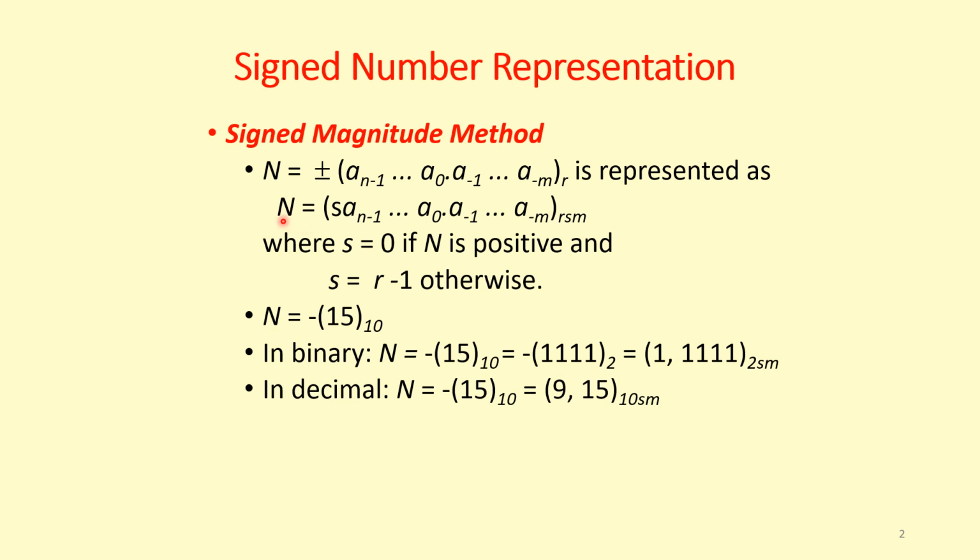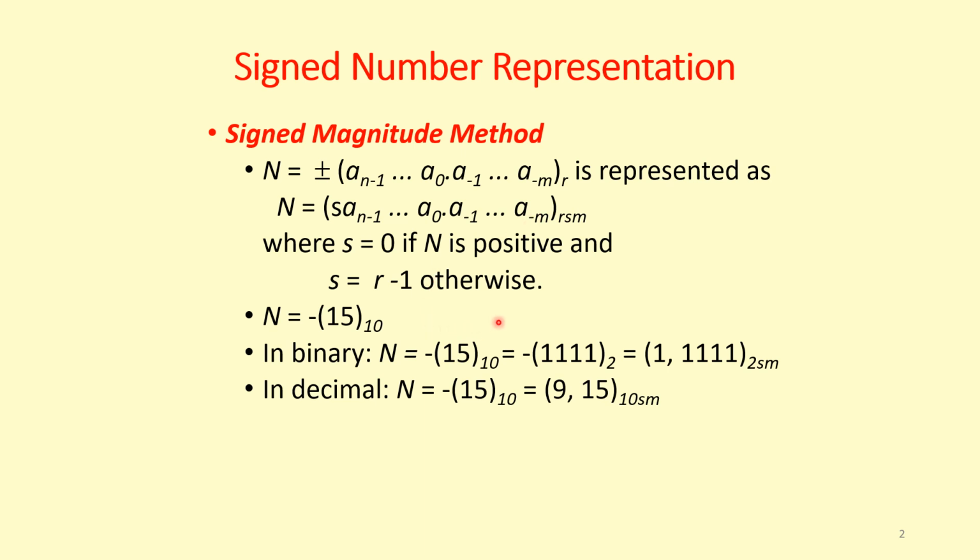For that, the sign bit is shown here specifically. There needs to be one extra sign bit, and usually this bit is 0 for a positive number and is equal to radix minus 1 for a negative number. So if we are considering the binary number system, radix is 2, so 2 minus 1 is 1. So s will be 1 for a negative number, and the rest, the magnitude part, remains the same.